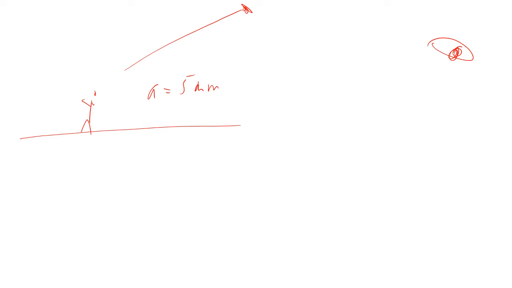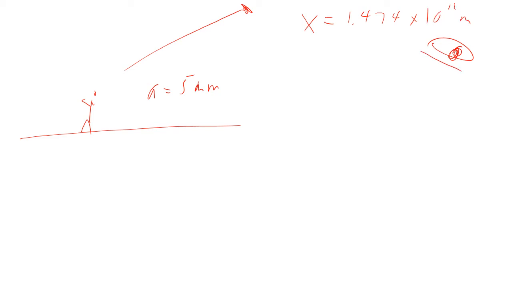So what would that mean? If you look at Saturn right now, the distance to Saturn, x, is going to be 1.474 times 10 to the 12 meters.